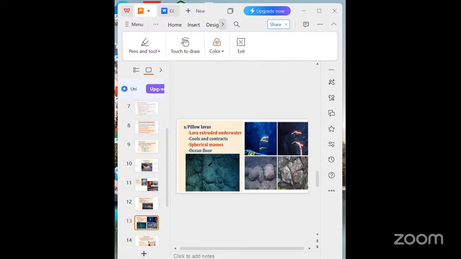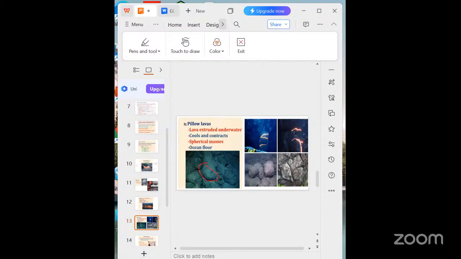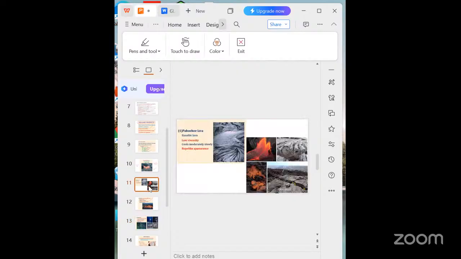So the spherical masses are like this and this color under the water, right? So these are called spherical masses, right?